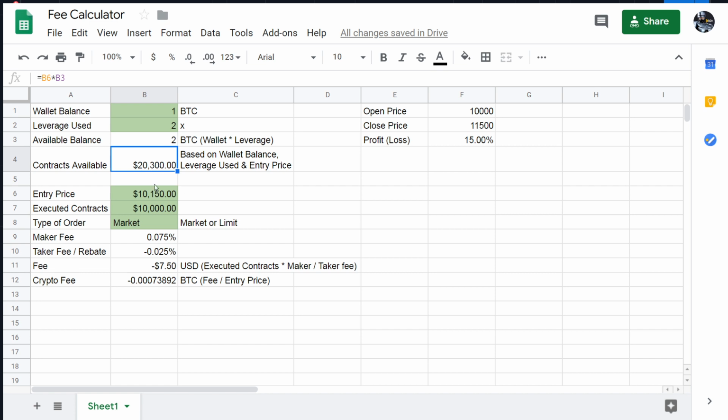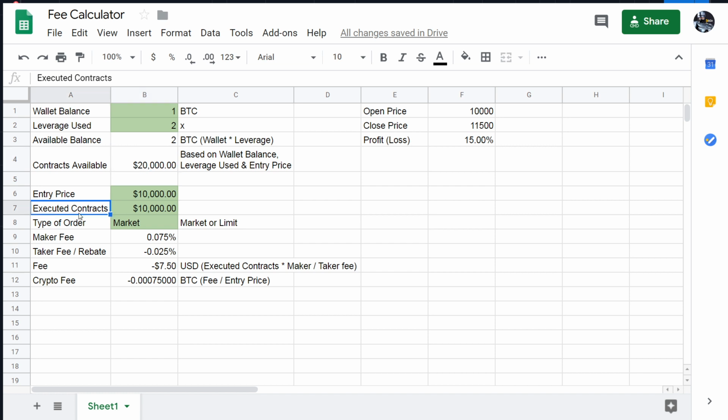All right, so the next part of this is how many executed contracts are you going to buy? Let's move this back to Bitcoin being worth $10,000. Again, I have 2x leverage, which means I can make a $20,000 position, or 20,000 contracts, whichever you'd like to hear. One contract is worth $1 US, so I'm going to make reference to this as a $10,000 or a $20,000 position.